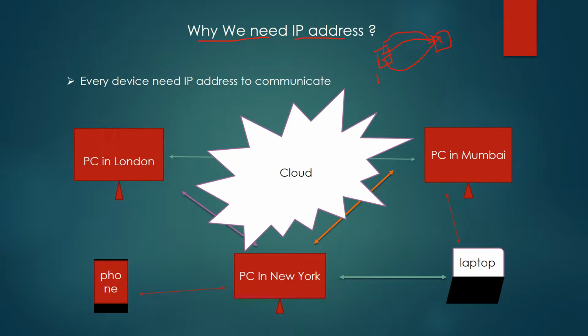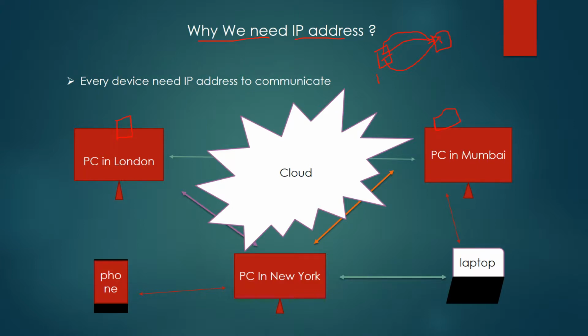In a similar fashion, in this modern world, to communicate over the internet, everyone will have an address, and that address we refer to as an IP address. I guess you are clear. Suppose I have a PC in Mumbai and I want to communicate with a PC in London. How am I going to communicate? This is through IP address.